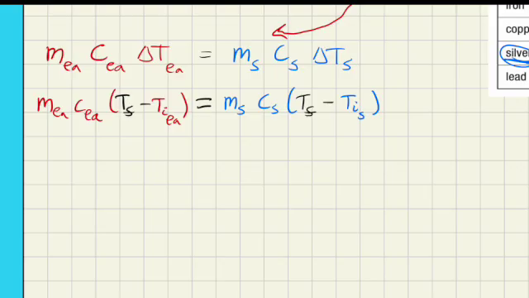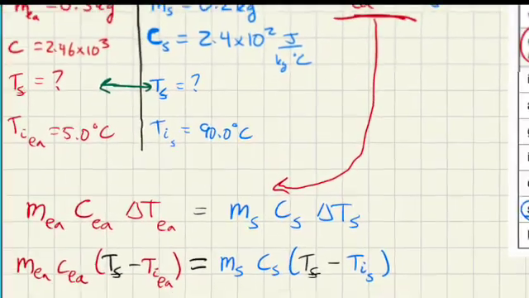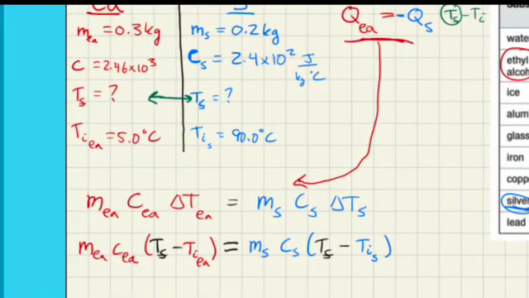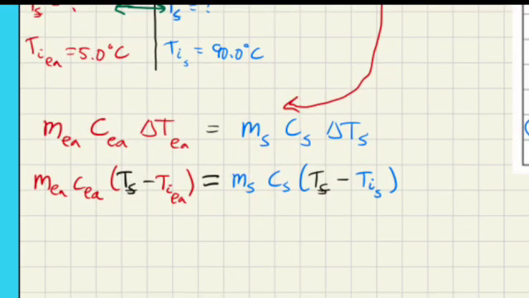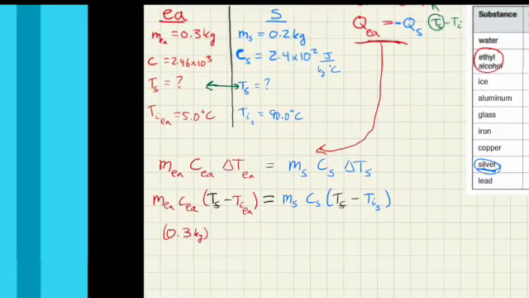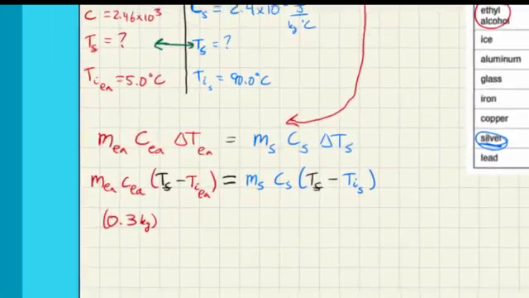So here are the numbers. I'm going to write these out. I also have them written right here. Our mass of ethyl alcohol was equal to 0.3 kilograms. Our specific heat capacity for ethyl alcohol was 2.46 times 10 to the 3.